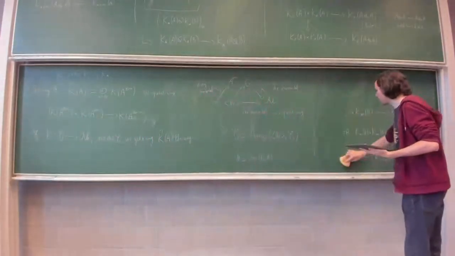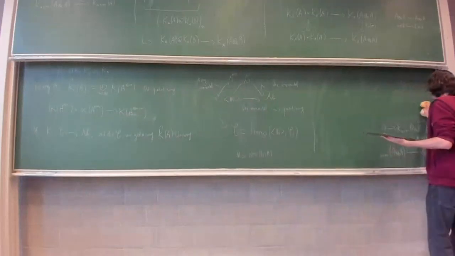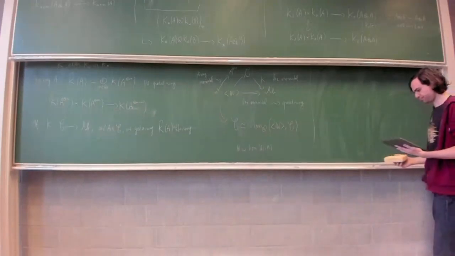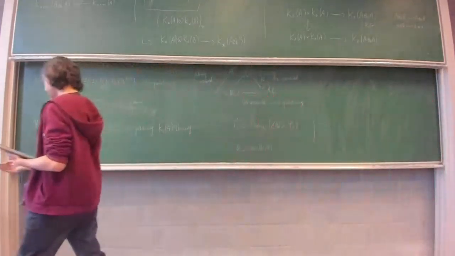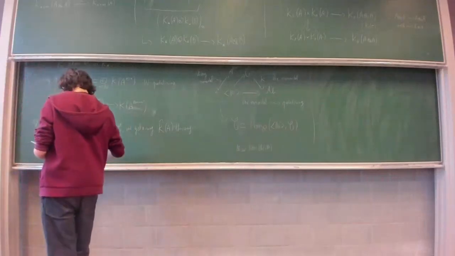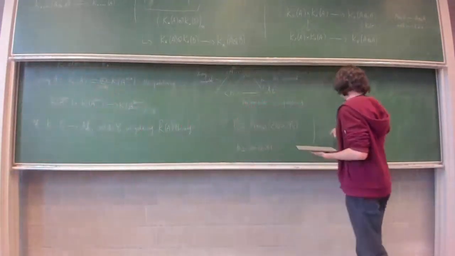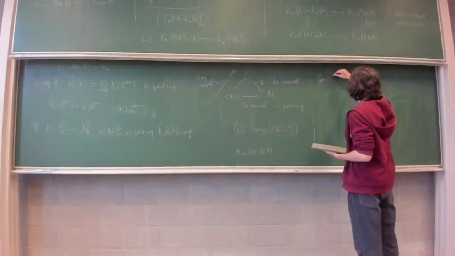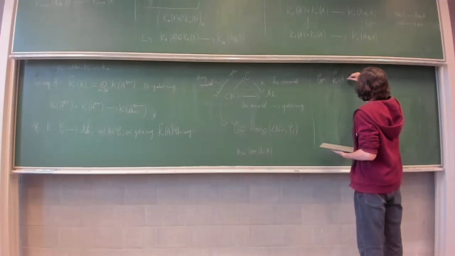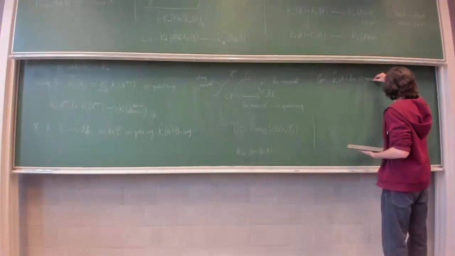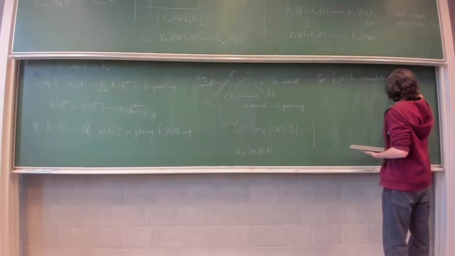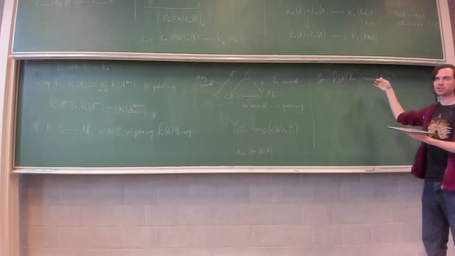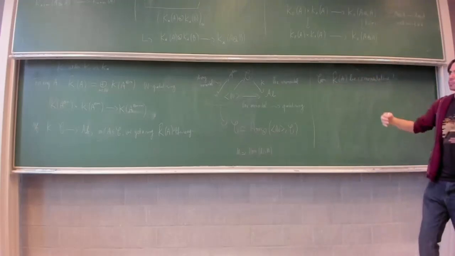So this one existed for any A. Can this thing here be commutative? It's sort of obvious that when A is commutative, it is going to be commutative, but is it more general?